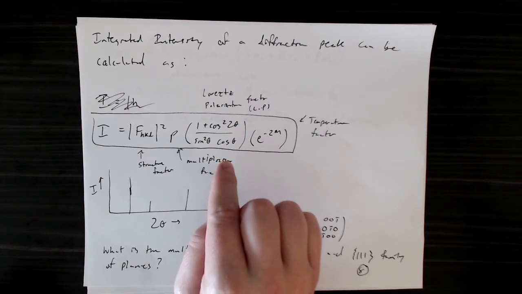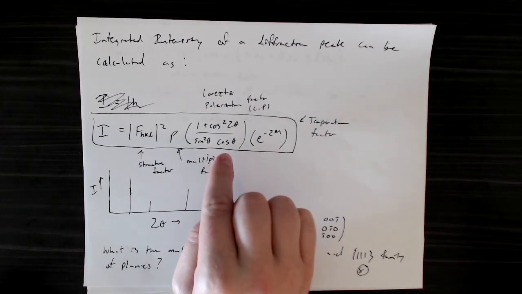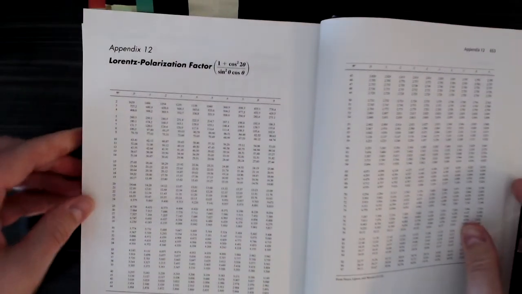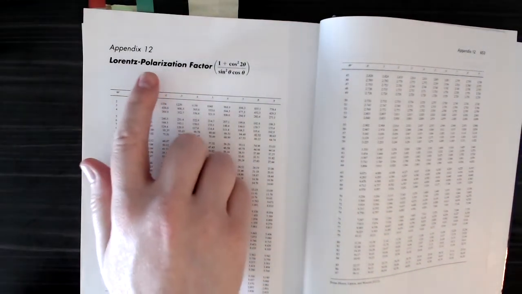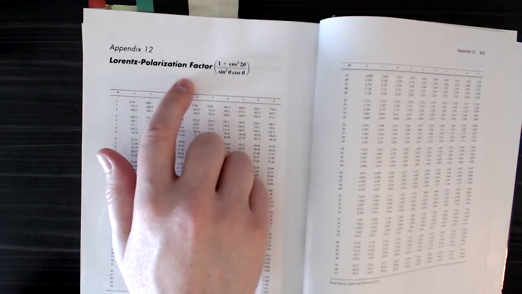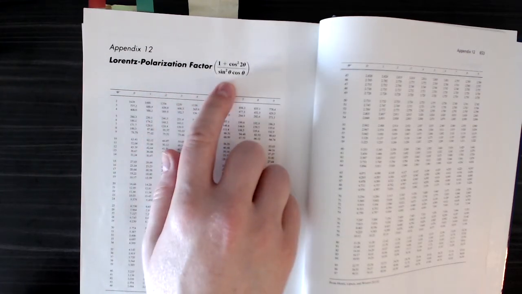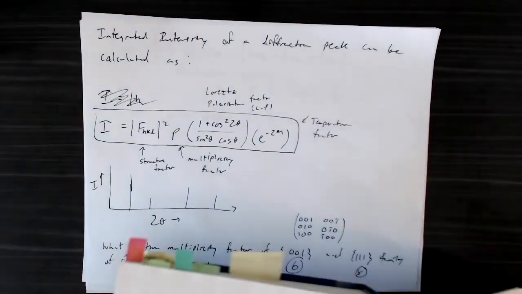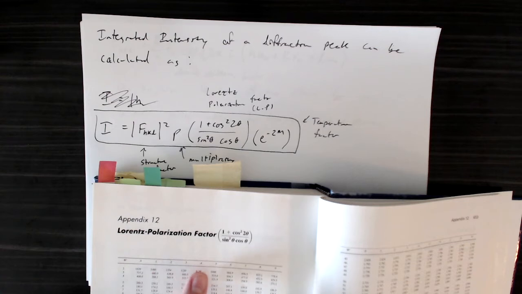If you want to check your work and make sure you have the correct values, they are tabulated as well. If I go to Cullity again, appendix 12 gives you the Lorentz polarization factor, and you can see it's the same expression that we have. Just double check it. Yeah, it's the same expression.